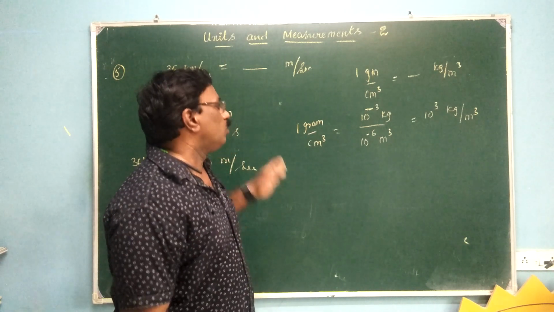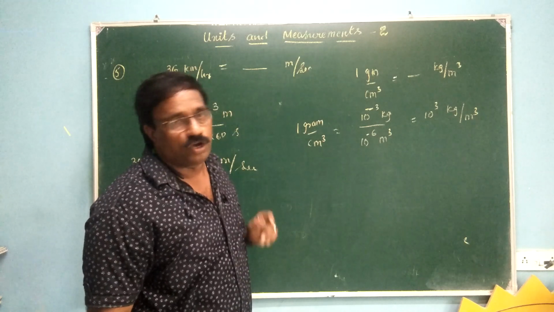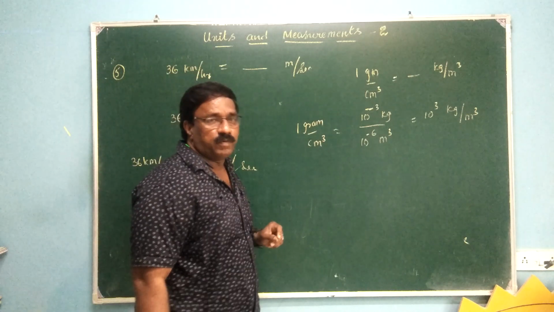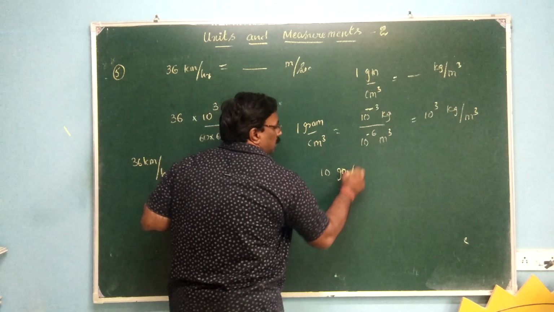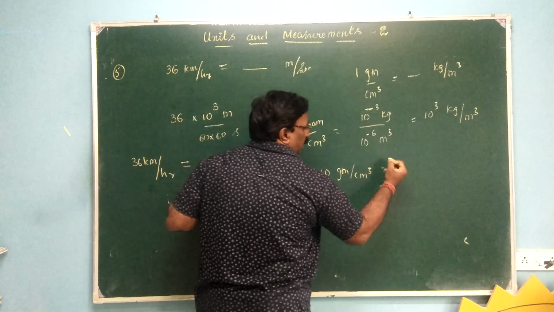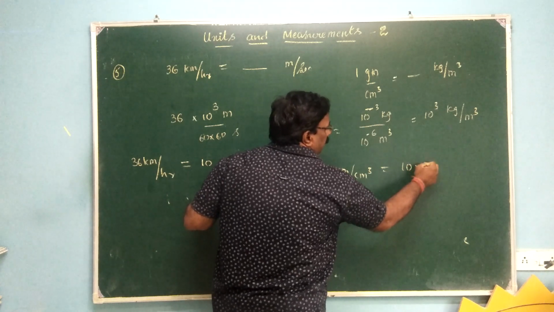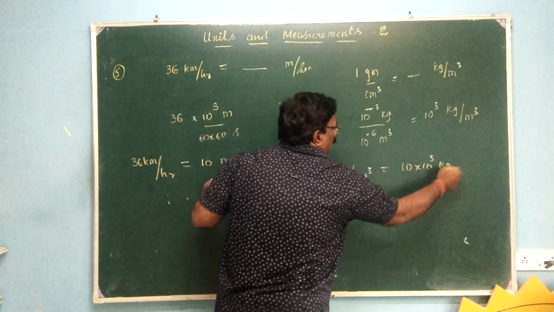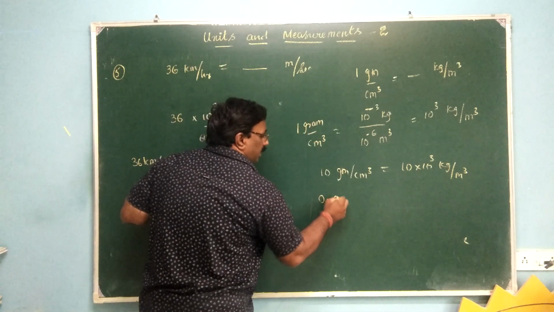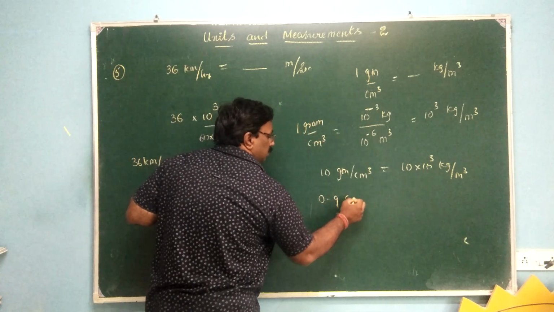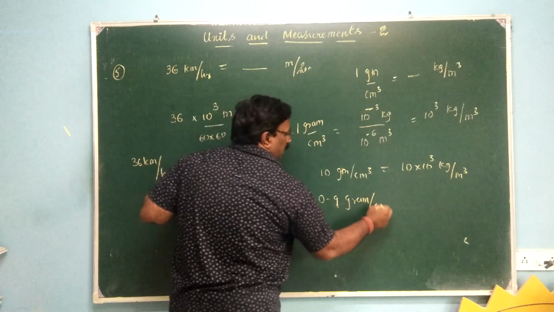Whenever you want to convert 1 gram per centimeter cube into kilogram per meter cube, multiply with 10 power 3. For example, 10 gram per centimeter cube, want to convert into kilogram. So 10 into 10 power 3 kilogram per meter cube. For example, 0.9 gram per centimeter cube.